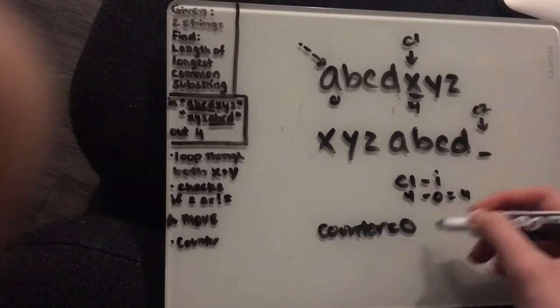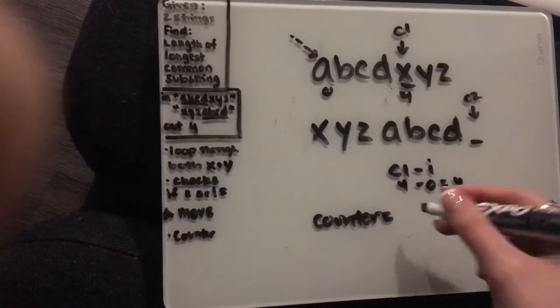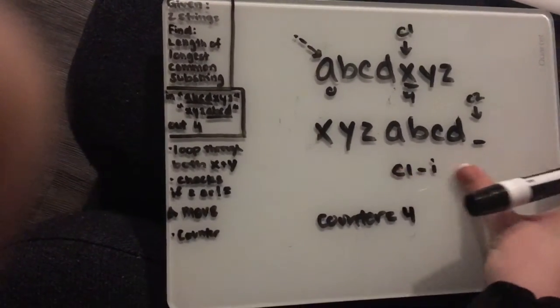And then we'll check, is 4 greater than 0? It is, so our counter will be updated to 4.